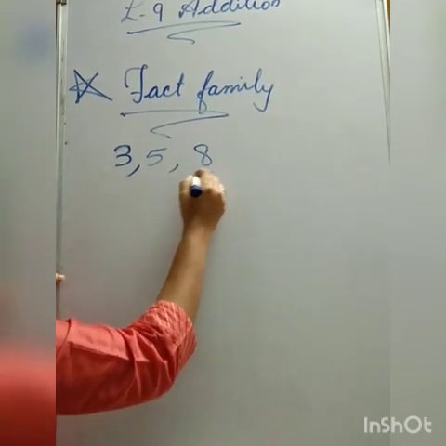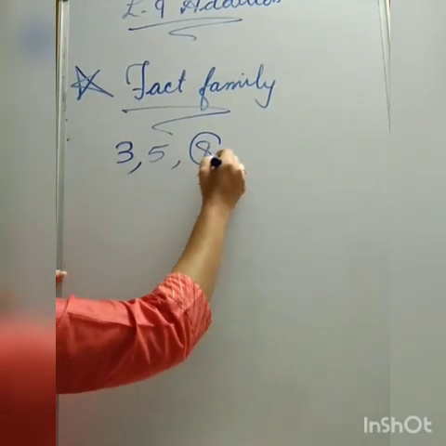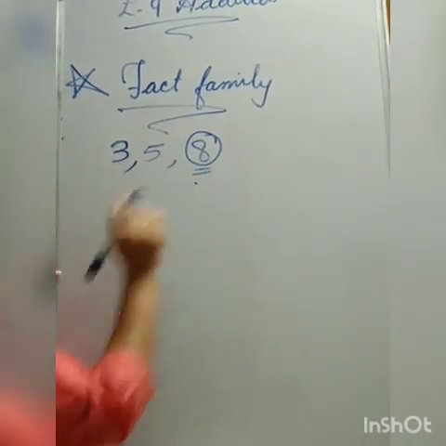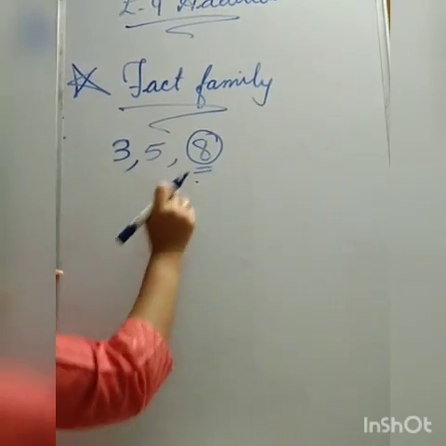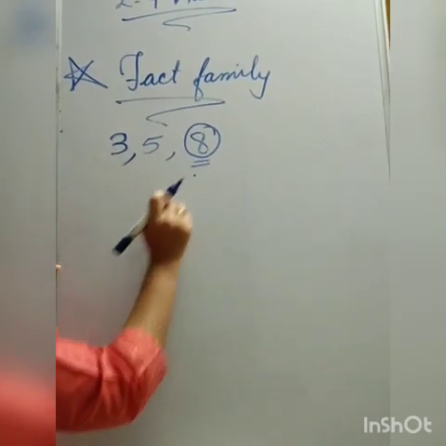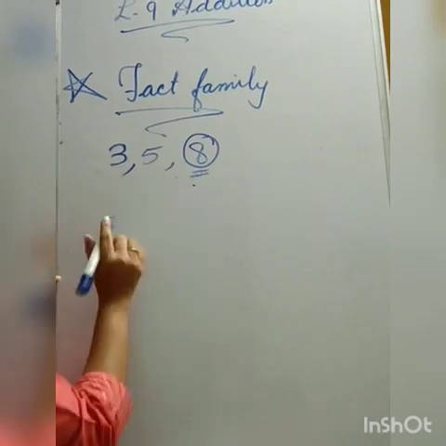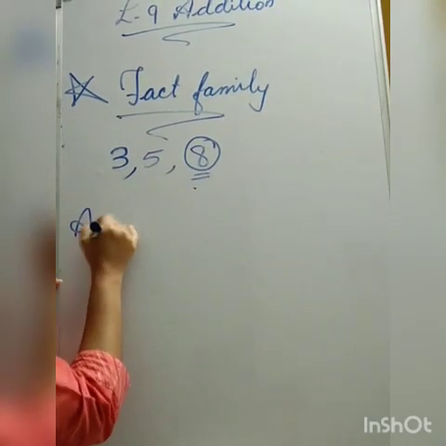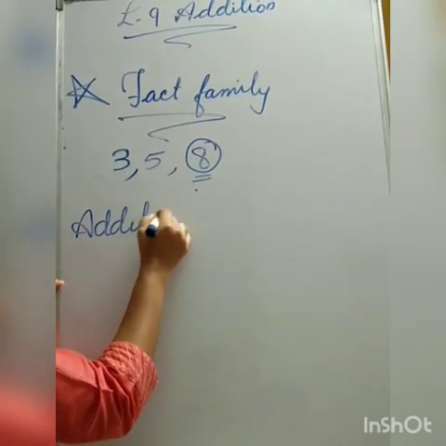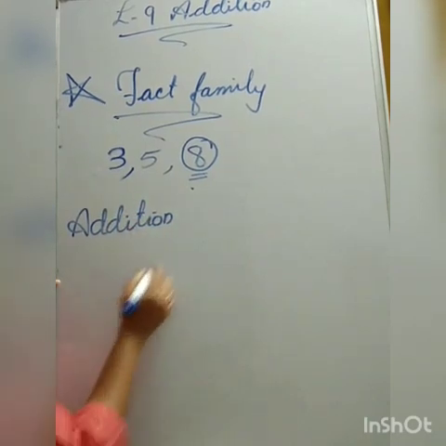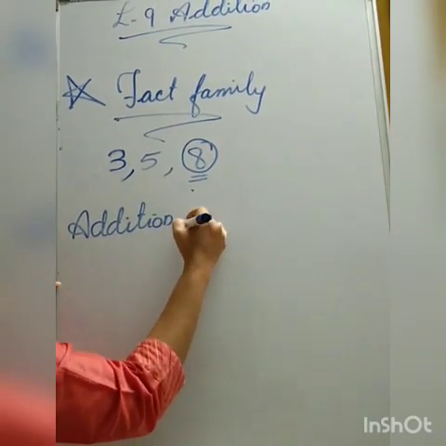Here which is the biggest number? 8 is the biggest number. In addition, the biggest number always comes as an answer. That is the answer. Now, by using these numbers, we have to write addition fact.